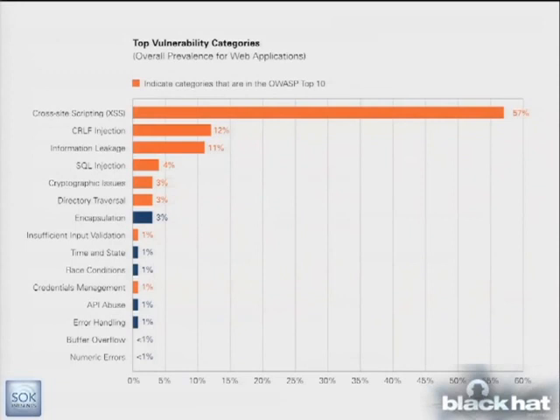If an application was written by developers who didn't understand how to prevent cross-site scripting, they can end up with hundreds and hundreds of these issues. Next was carriage return line feed injection, information leakage, and then SQL injection was 4% of the vulnerabilities found. A lot of these numbers are really low just because this is percentage based, and cross-site scripting is dwarfing everything else from a raw prevalence perspective.